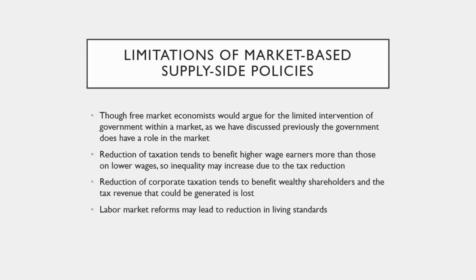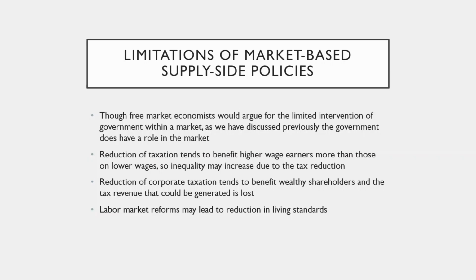Some of the limitations on market-based policies are that the government does have a role in the market. Reduction of taxation could lead to benefit for higher wage earners than those of lower wage earners, so it could lead to increased inequality. Reduction of corporate taxes tends to benefit wealthy shareholders. The tax revenue that could be generated is lost to the country.